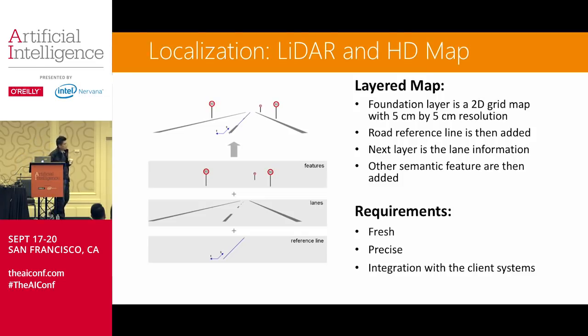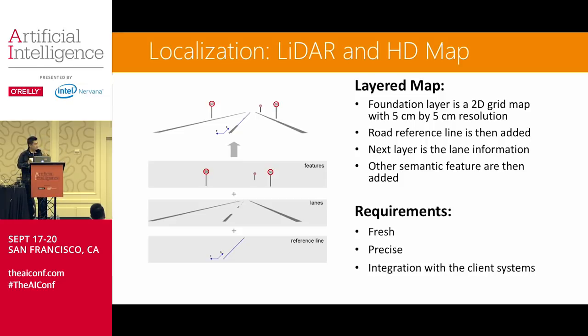How is it different from Google Map, for example? Google Map is a grid map based on satellite images. At its best resolution, it gives you 1 meter by 1 meter. It's a grid. But if you have 1 meter resolution and you try to have the car drive itself on the road, that's not enough because it's not lane level accuracy.